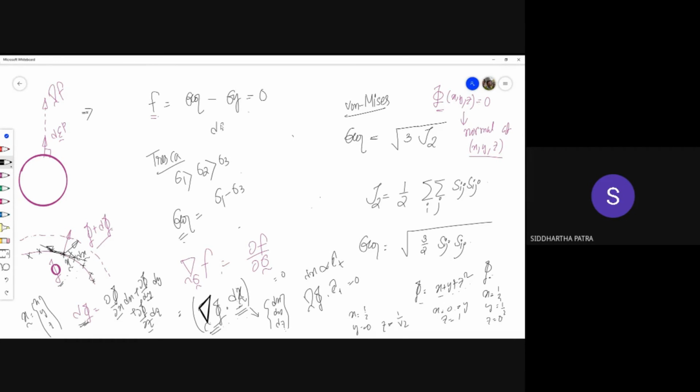So d epsilon p now can be, you see I'm representing that as a vector or a matrix, let's say the scalar d lambda, because I don't know what is the constant of proportionality, times del f del sigma, which basically is the gradient of f with respect to sigma.